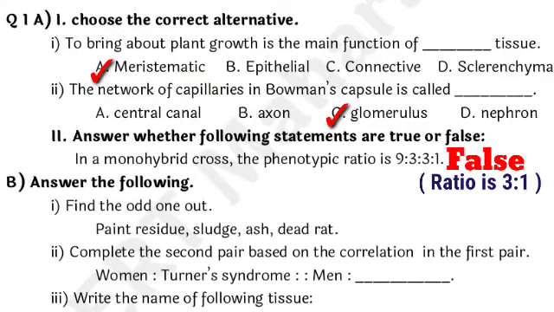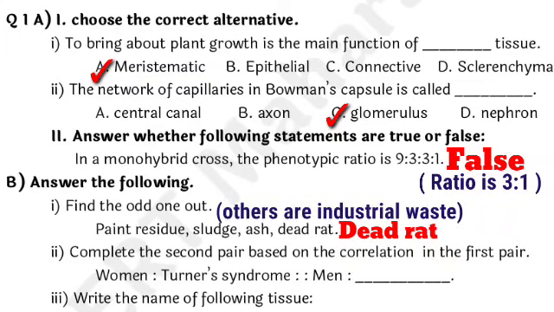So friends, this statement is false because the phenotypic ratio in a monohybrid cross is 3:1. In question 1b, answer the following. First is, find the odd man out between paint, research, sludge, ash, and dead rat. So the answer of this question is dead rat because the others are industrial waste.